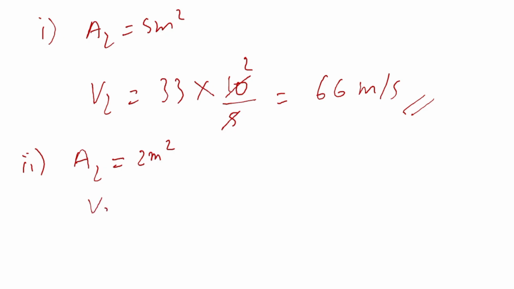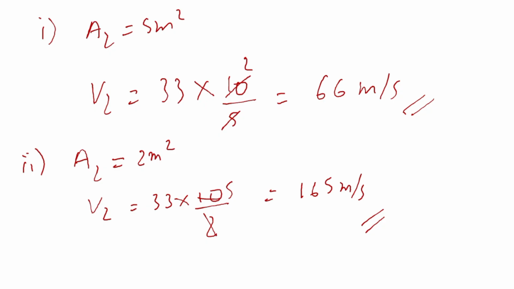If we go back to this relationship, you have V2 is equal to 33 times 10 for area 1 divided by 2. So this becomes 5, so you have 165 meters per second. Your velocity of the outlet would be 165 meters per second. Okay, so we got the solution for the second part.